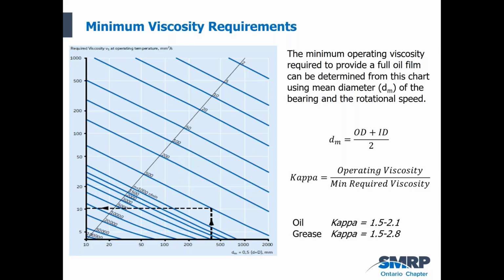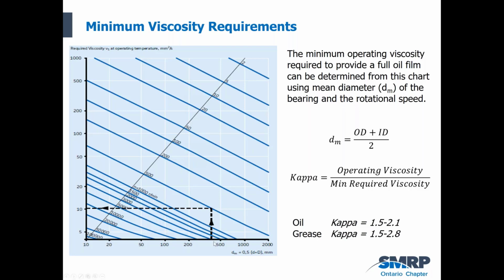So once we have that number, we then use the nomograph from SKF and we go along the bottom x-axis here until we find that DM value. So in this case, let's say it's 400. Once we hit that DM value, we go straight up and we look for the sloping blue line that represents the speed of rotation of the shaft.